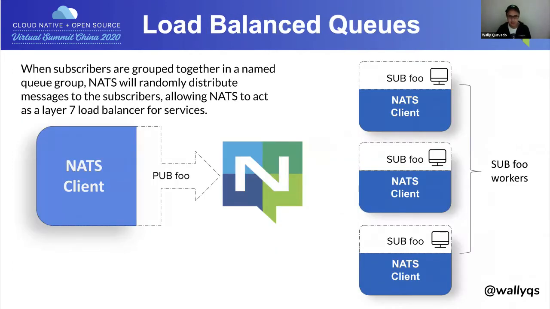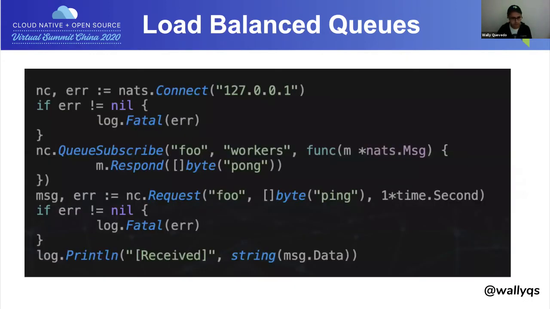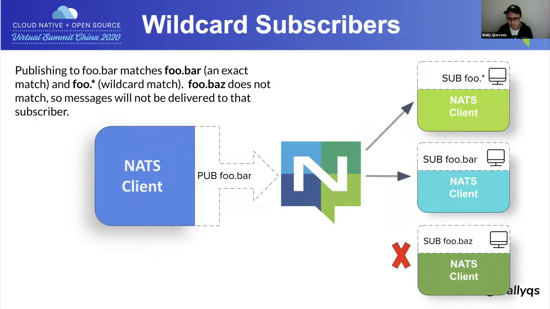You can enable load balancing for any of them, where only one member of that group will receive the message. So you can create queue groups where you share the work, distributing the work among a group. The API for that is queue subscribe, and it's very similar to just subscribe.